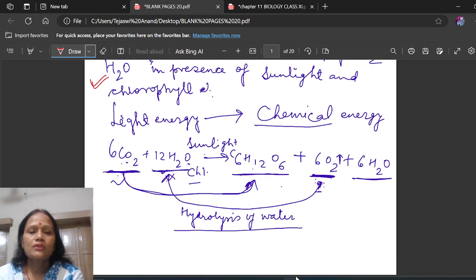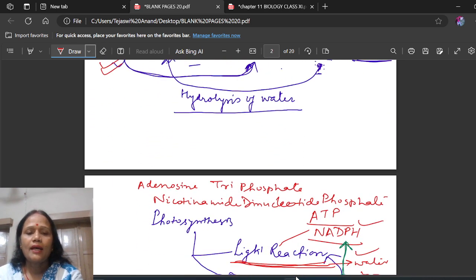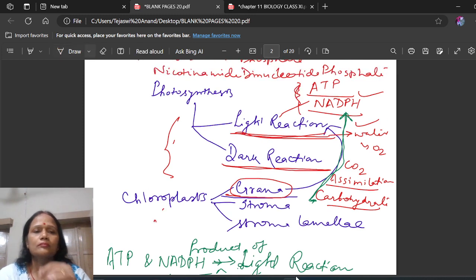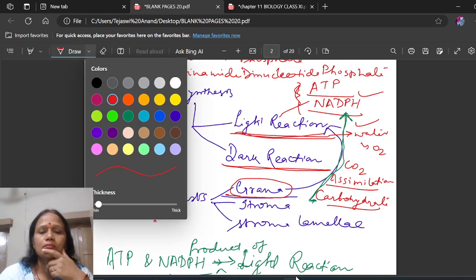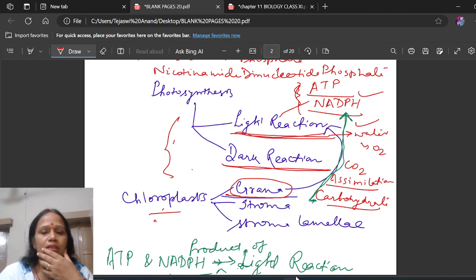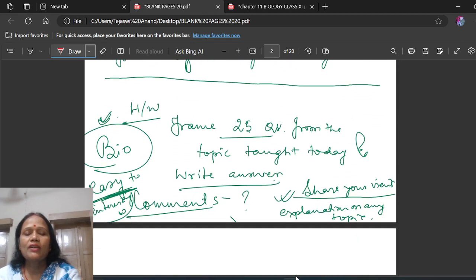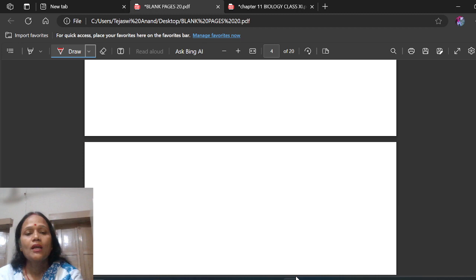You have to study the equation, the phases of reactions, light reactions and dark reactions, and the products of light reactions, which is also essential, like ATP and NADPH. Chloroplast has three parts: grana, stroma and stroma lamellae. The product of the light reaction is used in the dark reaction. These were the things we discussed yesterday.